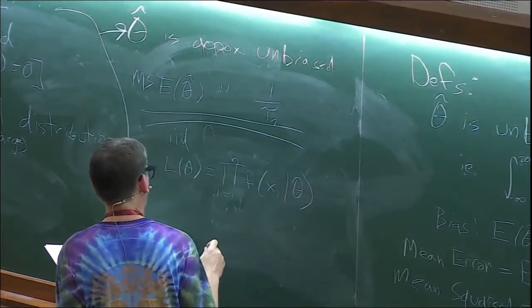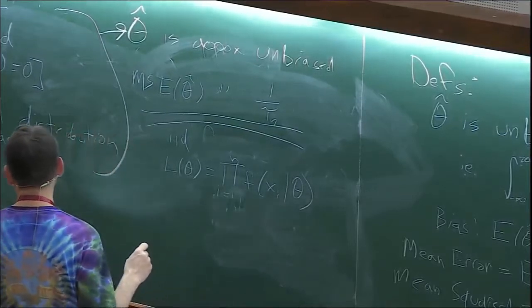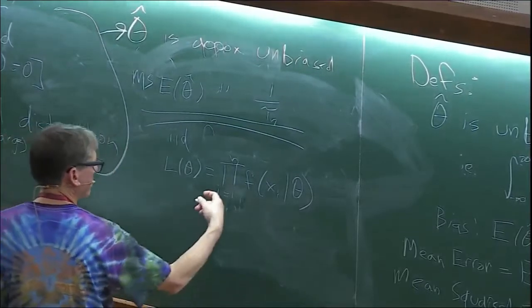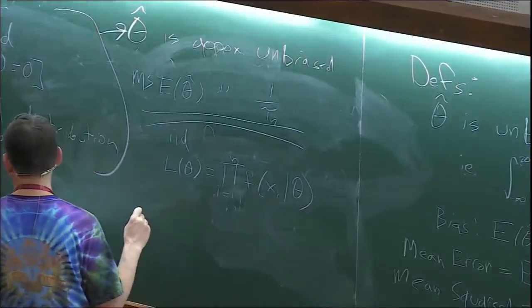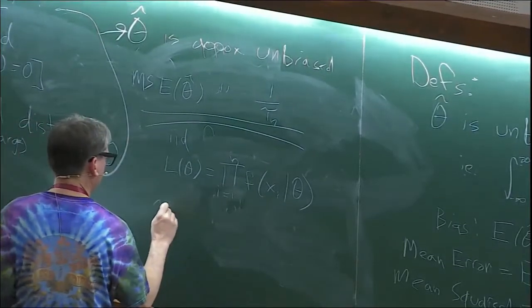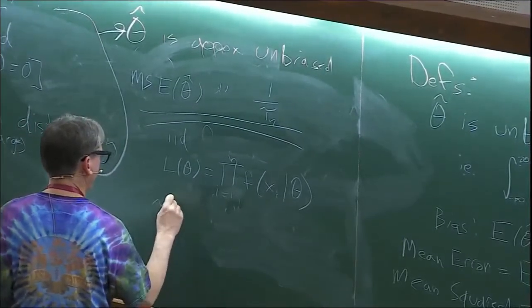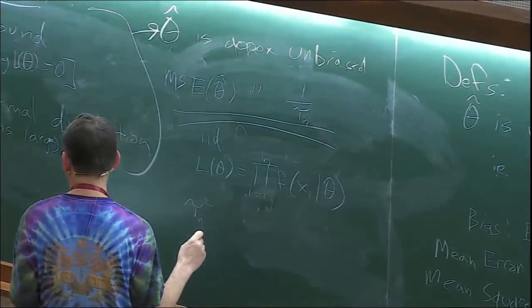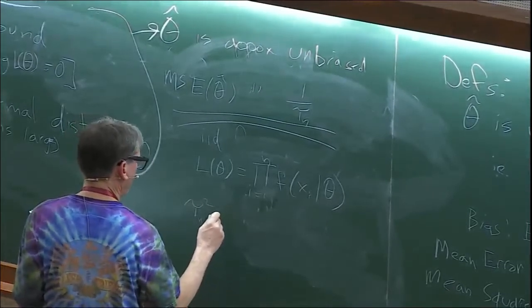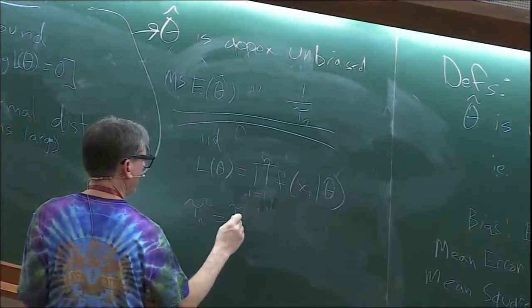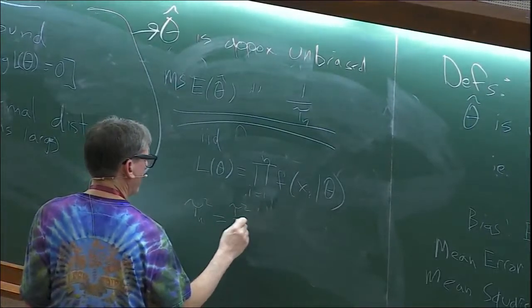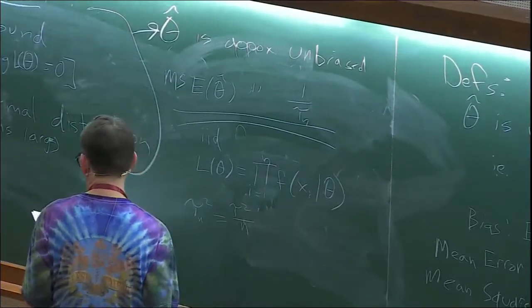And in that case, tau sub n squared will be equal to tau squared over n.